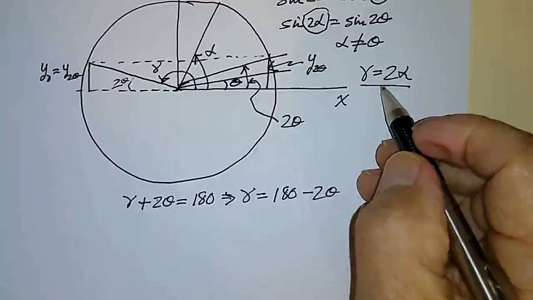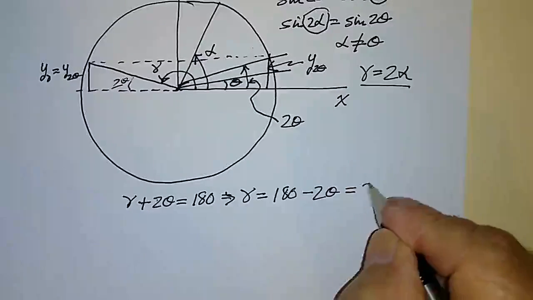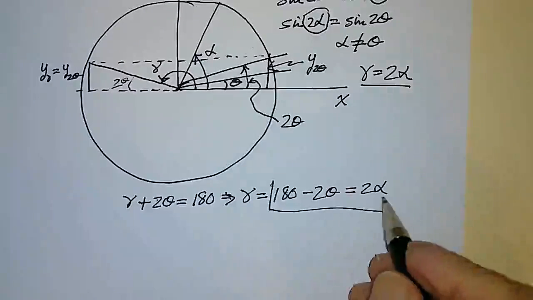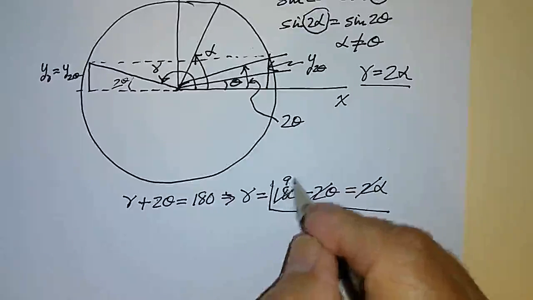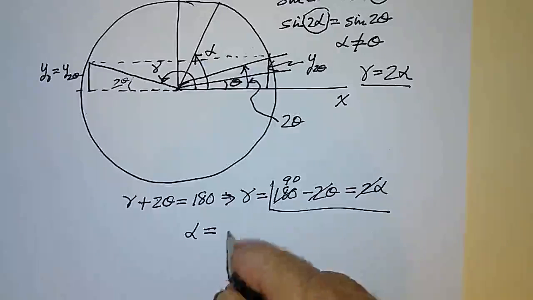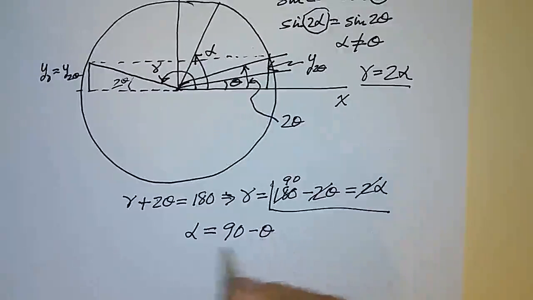But up here, I have that gamma is equal to 2 alpha, so that's equal to 2 alpha. And then this tells me, if I divide both sides by 2, that alpha, the angle I'm looking for, is equal to 90 minus theta. Okay, that's the result I wanted to find.